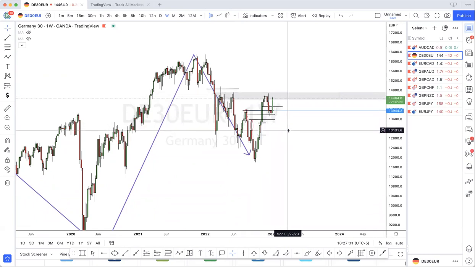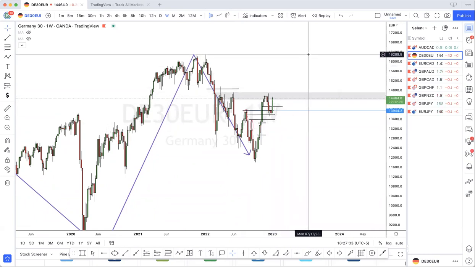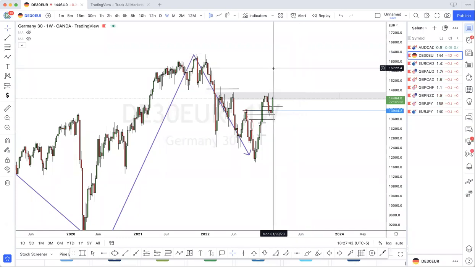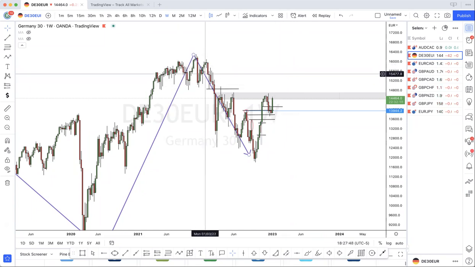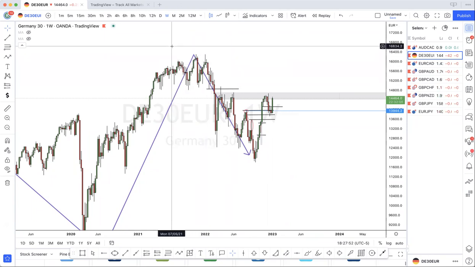Maybe it'll come up, pull back, and then keep buying up to these highs. Because I don't see anything in here. I don't see an imbalance here on the weekly. Unless it could be somewhere in these wicks, somewhere on the lower time frame.